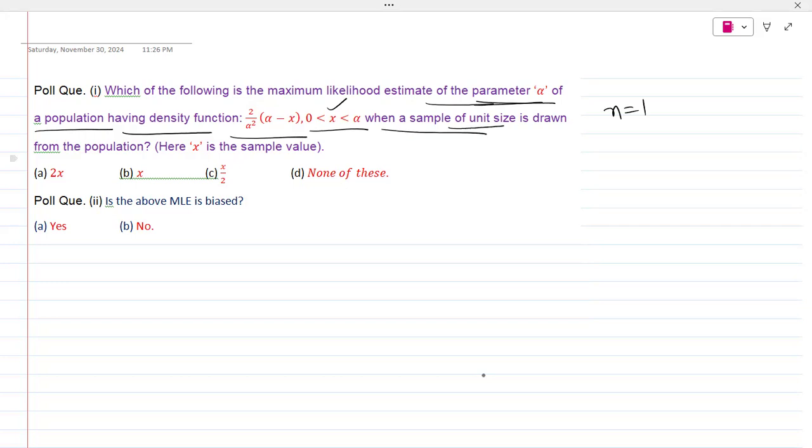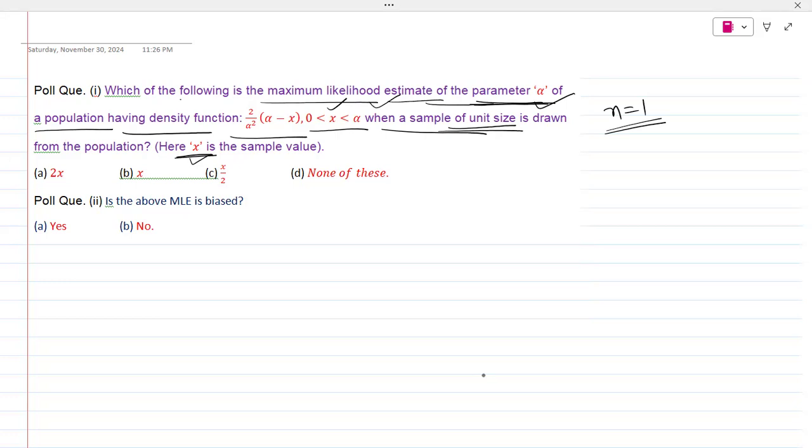When a sample of unit size is drawn from the population, unit size means N is 1, so we have only one sample observation, and that sample observation is denoted by X. Since we are asked to find the MLE for this parameter, we have to estimate this alpha.